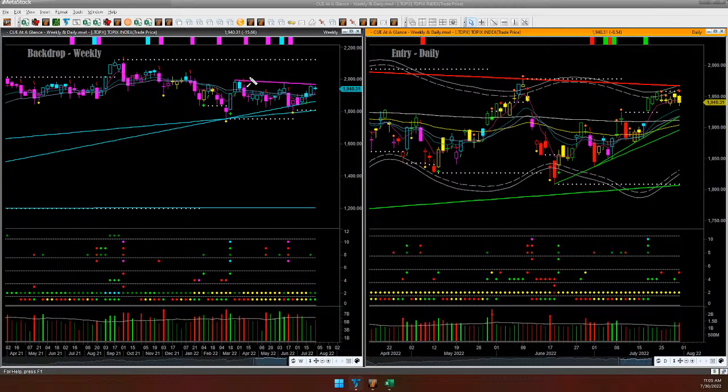Topix index is continuing to move in a range created by trendline resistance and support in the weekly chart. It is near trendline resistance in the daily. It did tilt down on Friday and displayed a bear release signal.